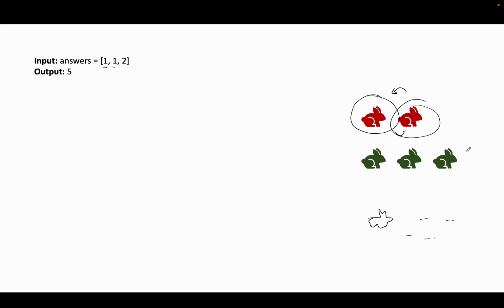And then we asked one of these, and it said that there are two more green rabbits. We did not ask this one, did not ask this one, and many more rabbits. So if some rabbit says that there is one more rabbit of this color, that means there are two rabbits of that color.